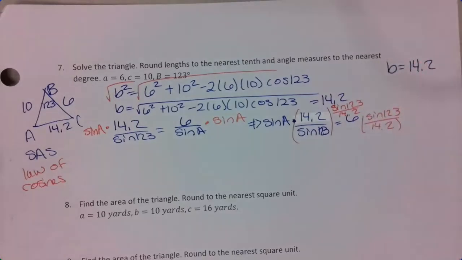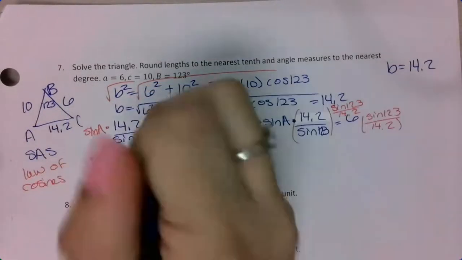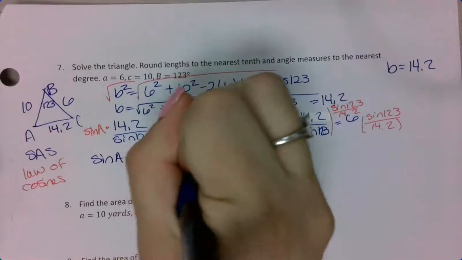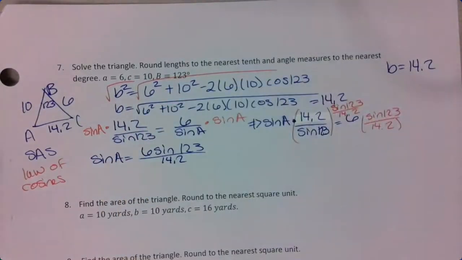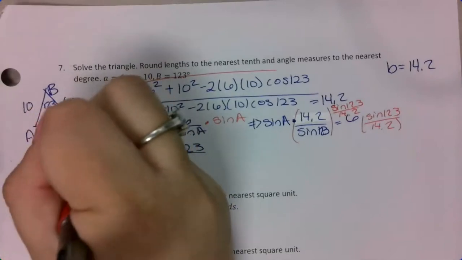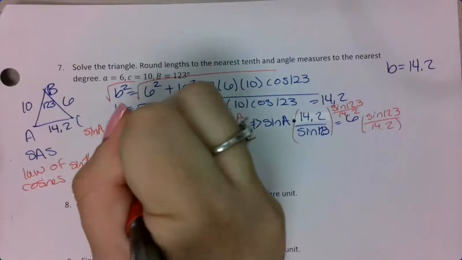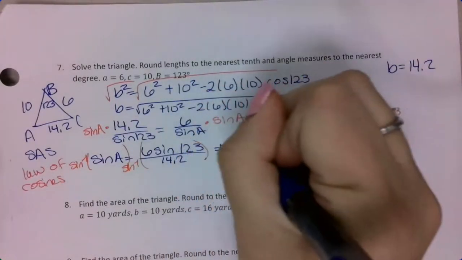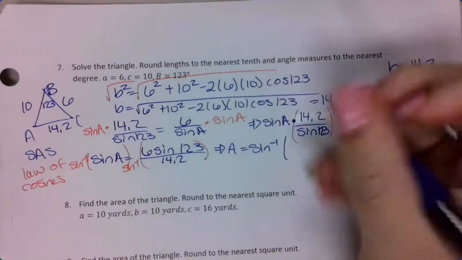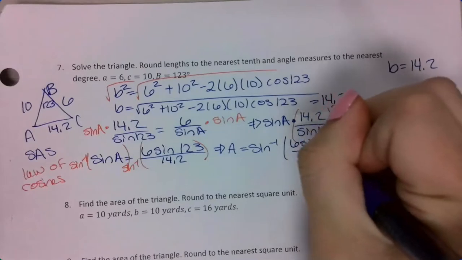I'm going to rewrite this on a new line. I have sine of A equals 6 sine of 123 over 14.2. I need to find my inverse sine to find my angle. This is going to give me A equals sine inverse of 6 sine 123 over 14.2.